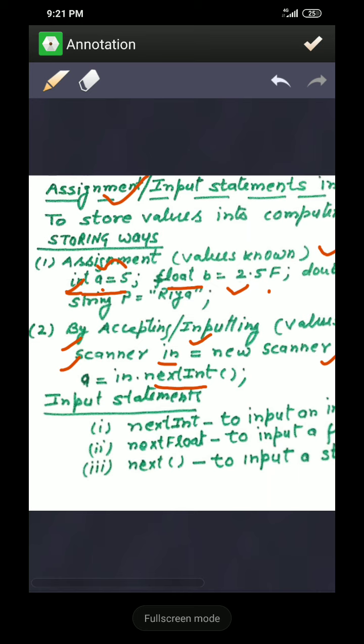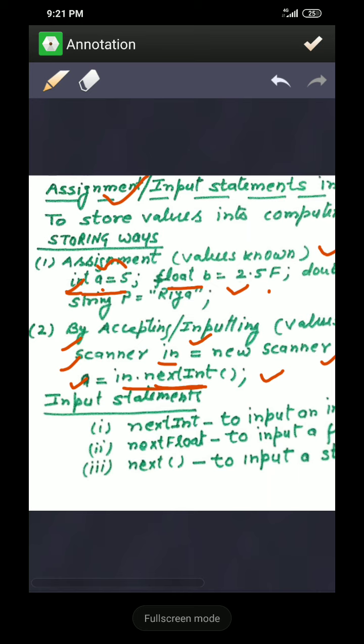This is the statement through which an integer value is asked from the user side, and when this statement executes, it will ask for the value of a, and whichever value is given by the user will be stored into a. So this is called an input or assignment statement.